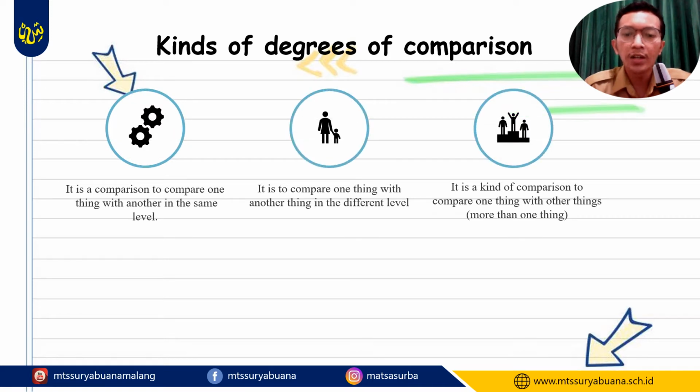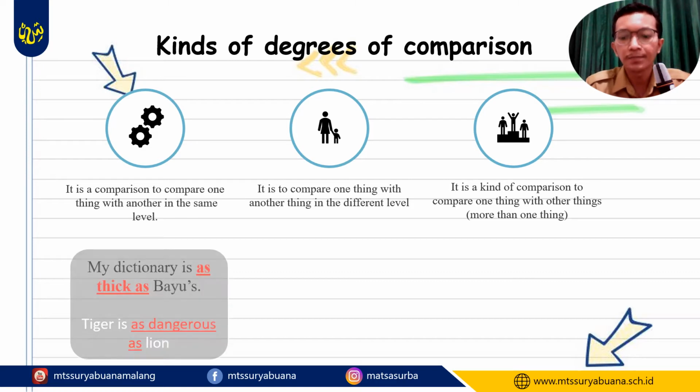The second one is called comparative degree, used to compare one thing with another at a different level. And the last is called superlative degree, where we compare more than one thing.